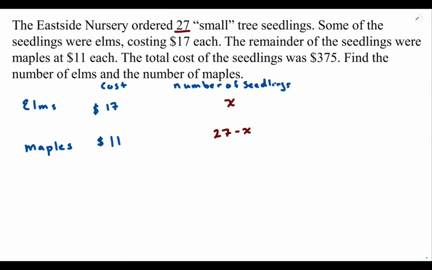So if we think about the total cost, it'd be the $17 times how many I have, which would be 17x. And then the $11 times whatever I have of the maples, right?